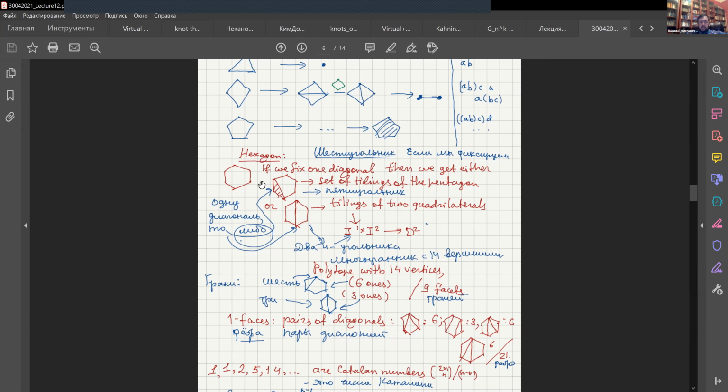We saw that the faces can be pentagonal or quadrilateral. Pentagonal faces correspond to the triangles which we can cut away. We have 6 such triangles, and quadrilateral faces correspond to such long diagonals, and there are 3 such long diagonals. So we have 9 faces in all.